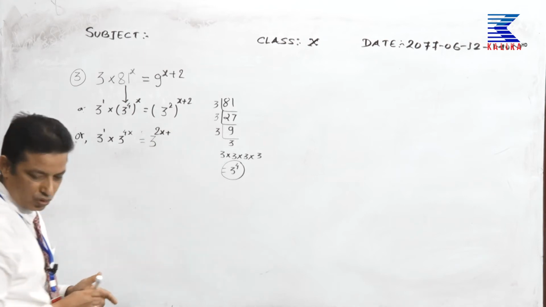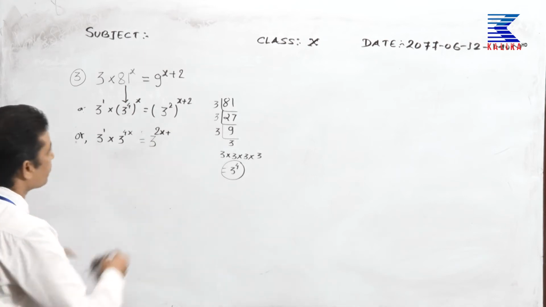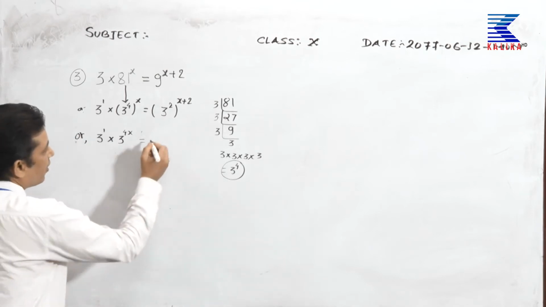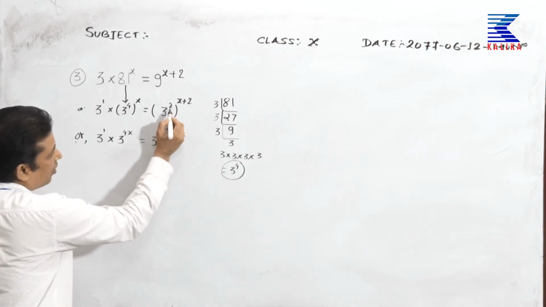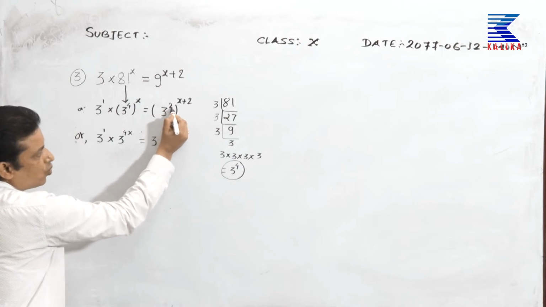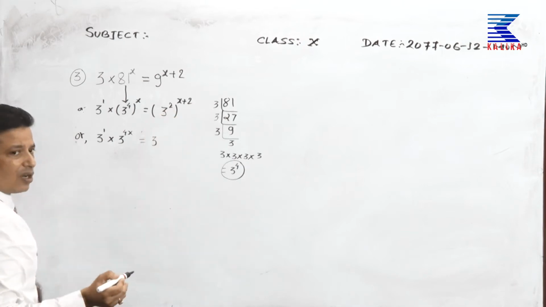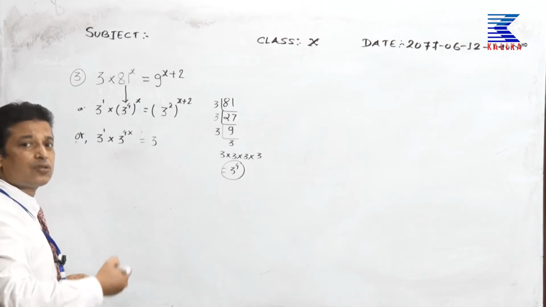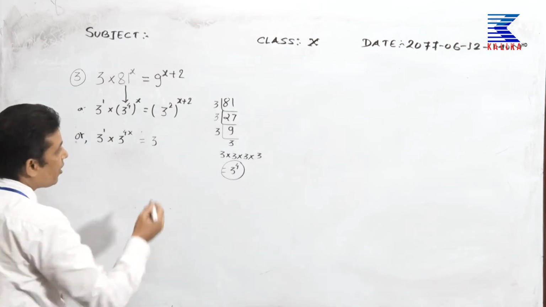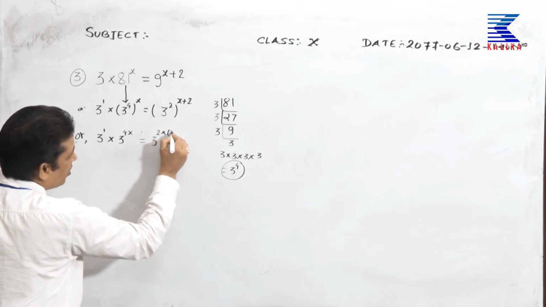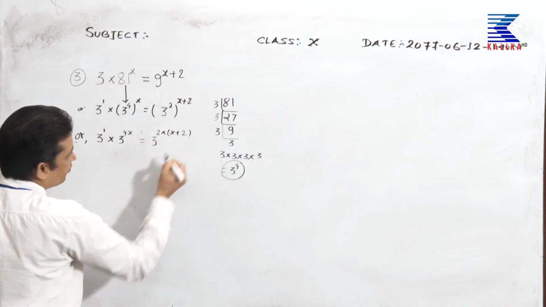Or let me show you one more step, you may be confused. 3 to the power 2 is again raised by the power x plus 2. As per the law of indices, for raising a power to a power, we can write it as 2 times x plus 2.